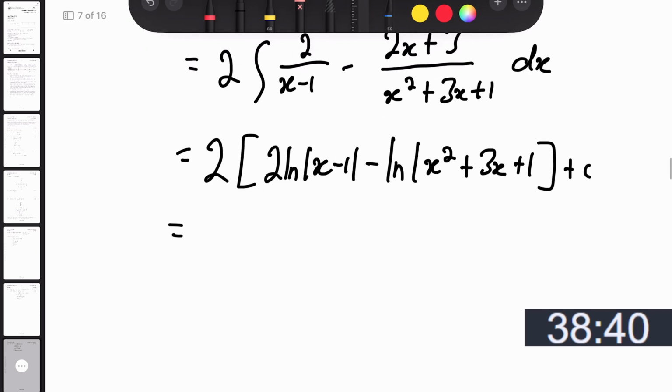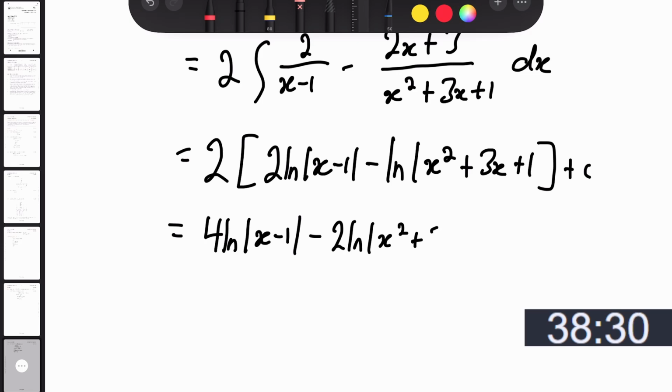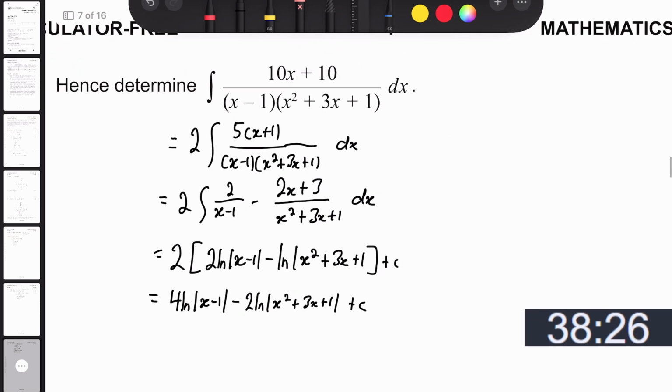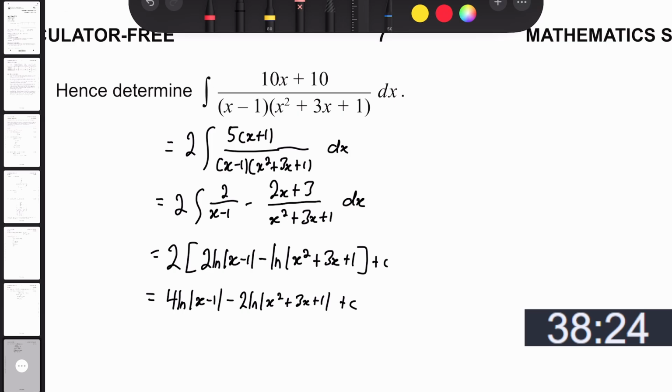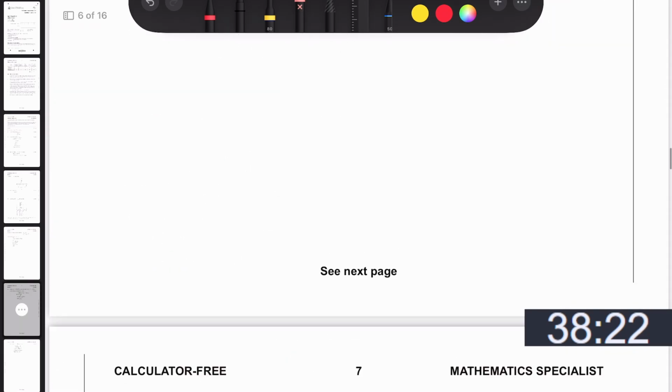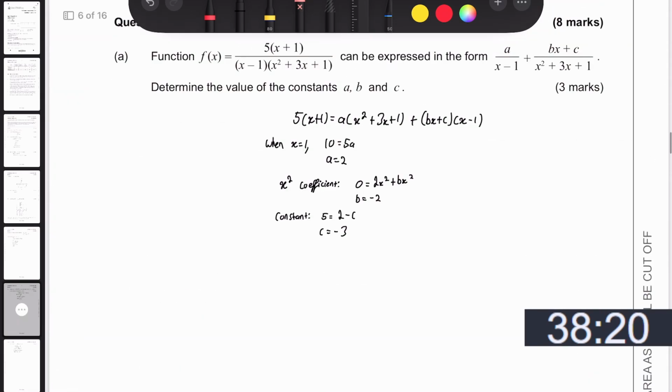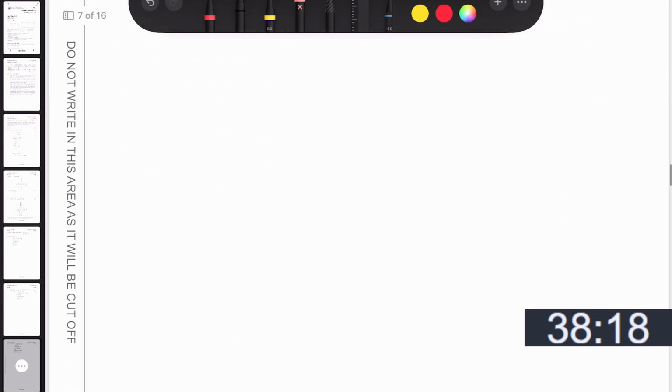So then expanding this becomes 4 ln of x minus 1 minus 2 ln of x squared plus 3x plus 1 plus c. Okie dokie. B was 2, C was negative 3. Yep. Okay.